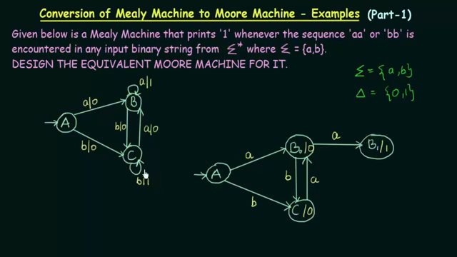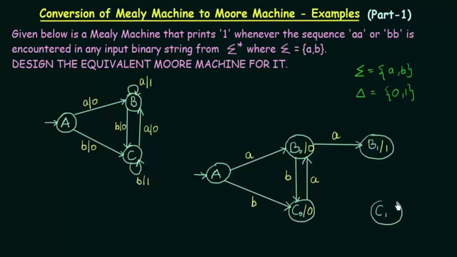Now what happens to C when it gets the input small b? When C gets the input small b, it stays in C itself and should give the output 1. But I cannot make this C go to C itself on getting this input small b, because I have to associate output 1 to it. But here I already have an output 0 associated to it. So in this case, what I have to do, I have to create another state for C, which I will call state C1, and let this be C0.